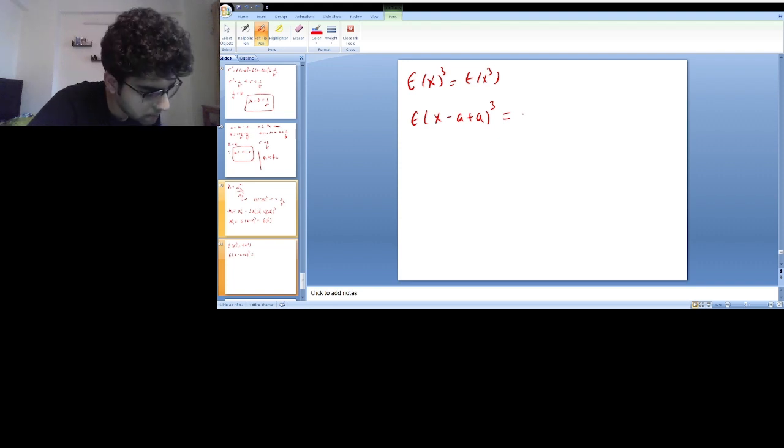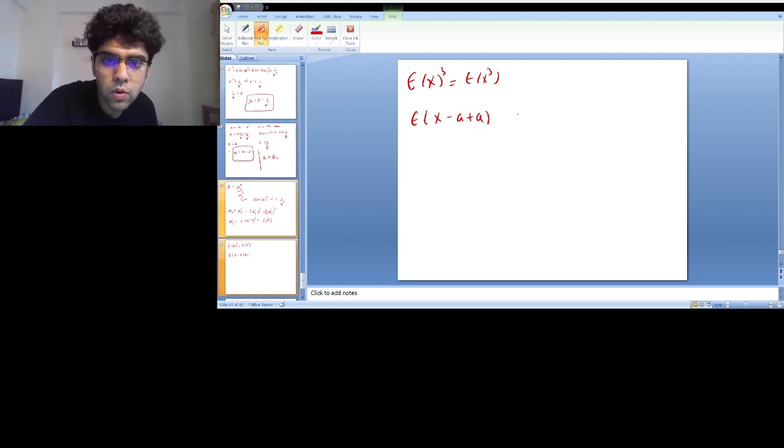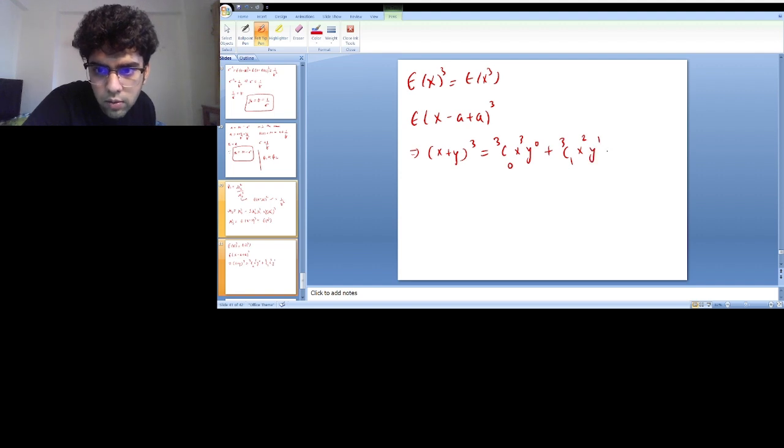We know that the cube of any term, if I have any term (x plus y) whole cube, from the binomial theorem this will be 3C0 x cube y0 plus 3C1 x square y1 plus 3C2 x1 y2 plus 3C3 x0 y3, right?